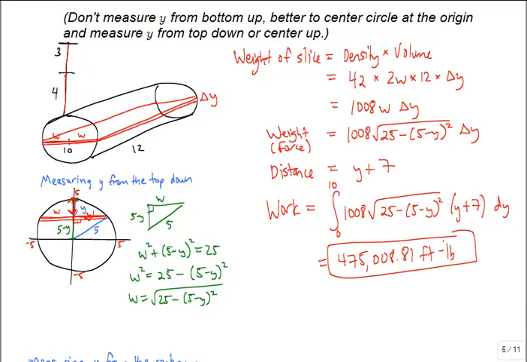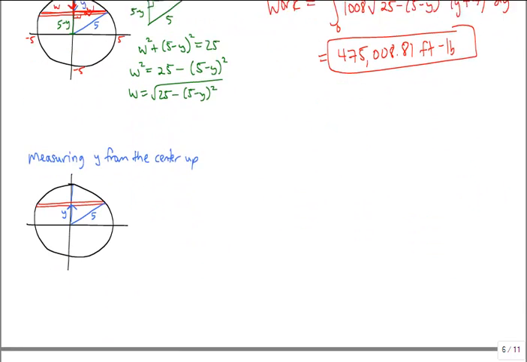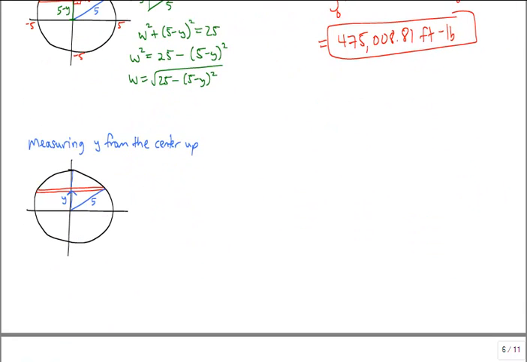Okay? So now the alternative here is, instead of measuring your y from the top of the circle down, we could instead measure your y from the center of the circle up. So y would be this distance right here. Now my w is still going to be that width going across.